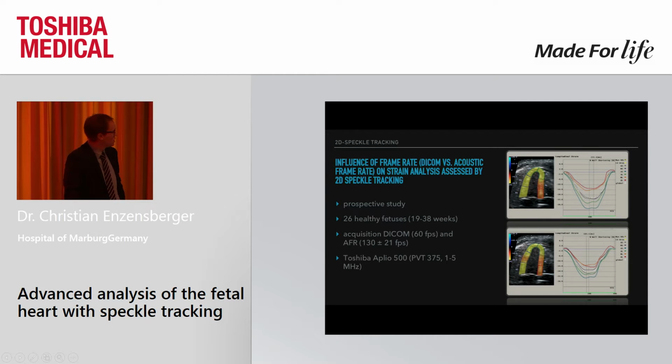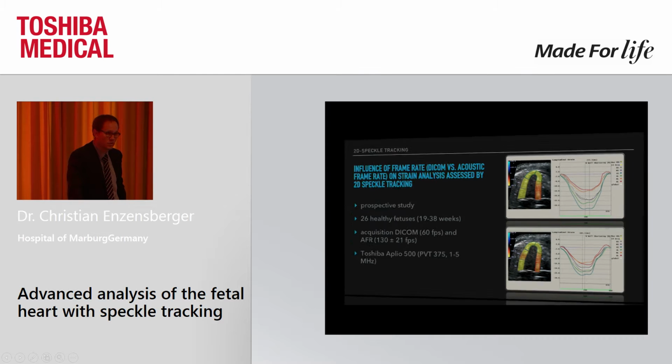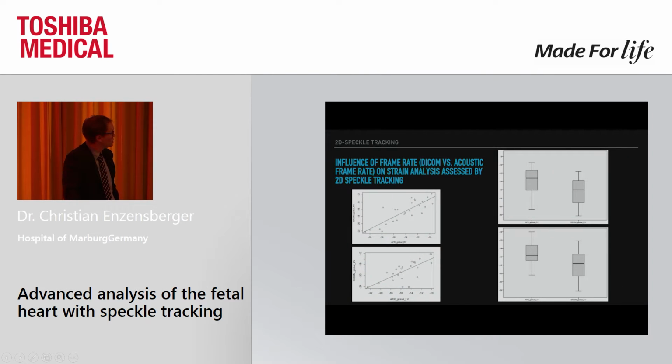We only took fetuses we scanned with the Aplio 500, and what we could see here on the scatter plot and the box plots is that the difference was not significant.